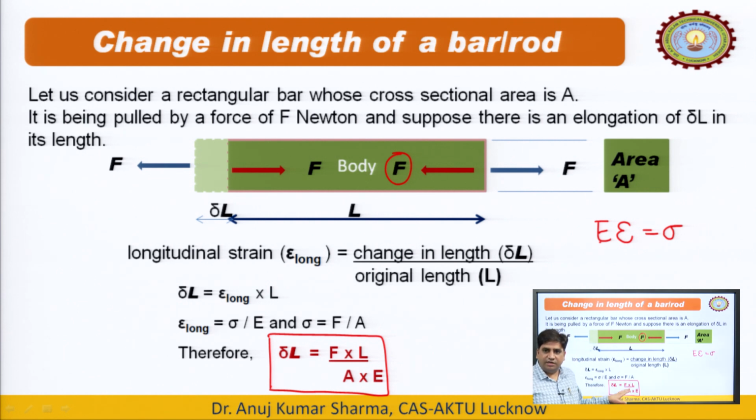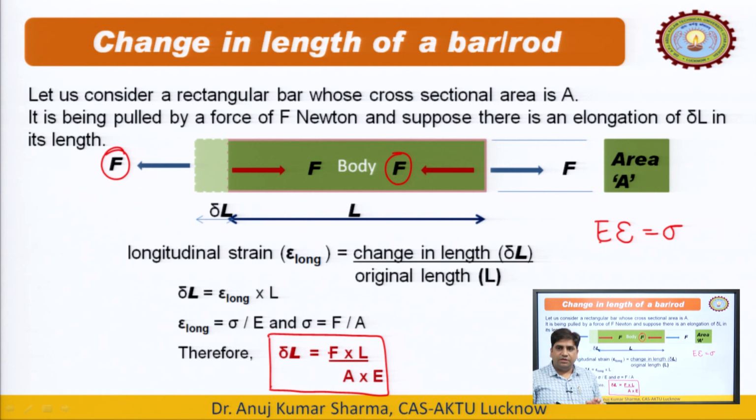This is the standard formula which we can use to determine the elongation of the rod when it is subjected to tensile or compressive direct loading. Direct means normal loading. Whenever a rod is subjected to a normal load F, the stress is F by A, so the elongation is the normal load multiplied by the length of the rod upon A into E. It means the elongation is directly dependent on the force as well as on the length.